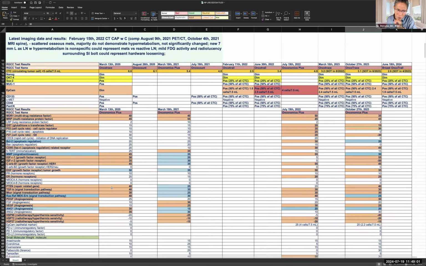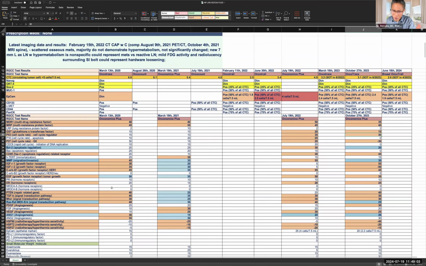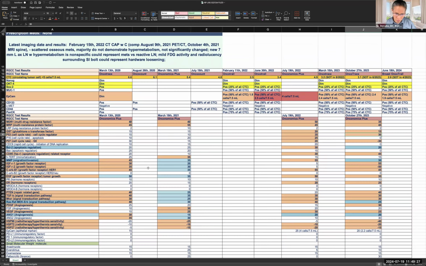That's our baseline. And so we are responsible here at this point to talk about the Onconomics Plus extracts or the chemosensitivity. We'll talk about the gene expression next session. So ignore these; this spreadsheet is comprehensive. I look at a spreadsheet all the time because it helps me determine what's my next move. It's like a chess game. If you don't know what you did before, you're not going to know your next move. You've got to have a spreadsheet.